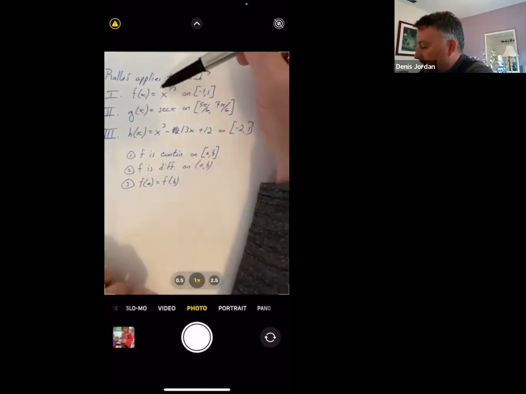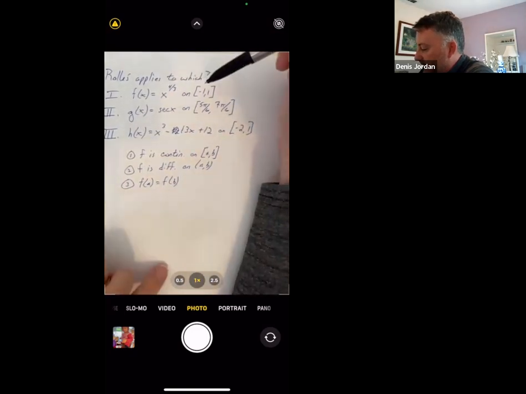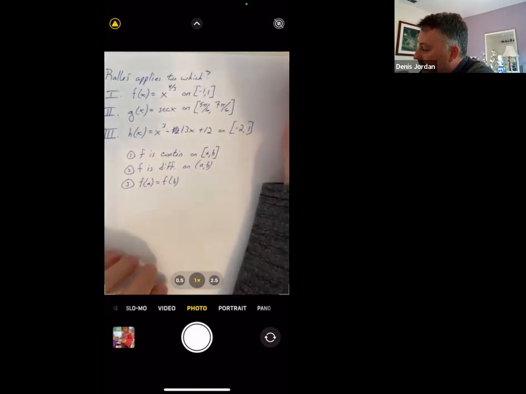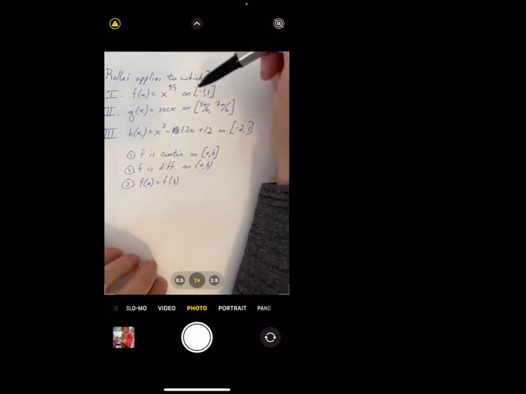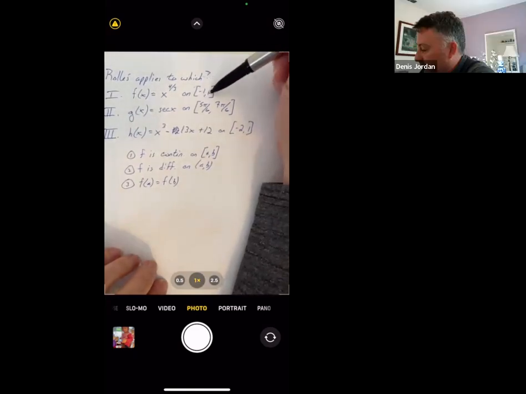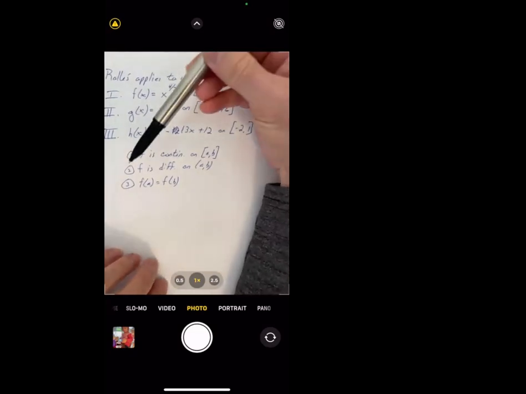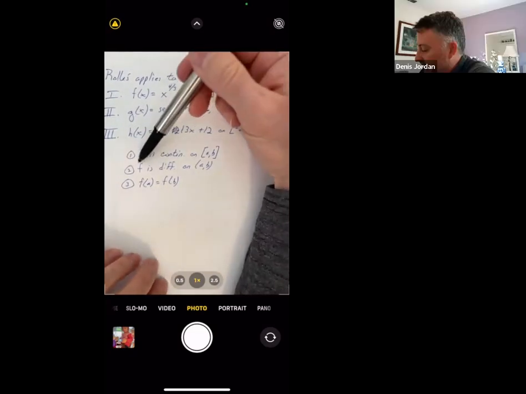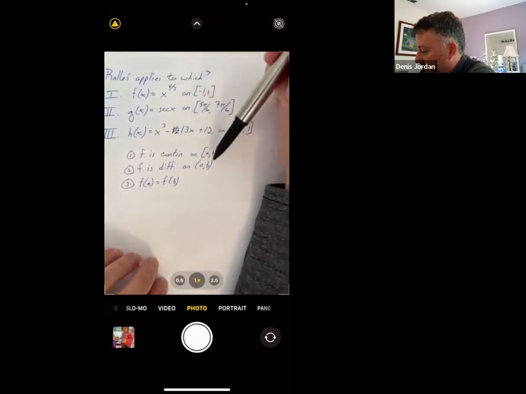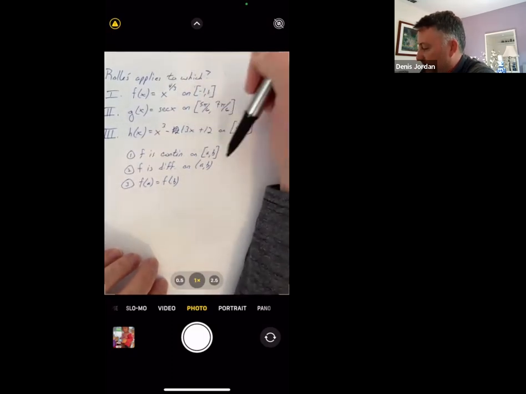So for f of x equals x to the 4/3, first off, is it continuous on this interval? Yes, you can plug any number from -1 to 1 and get an answer. Second, is this function differentiable from A to B?